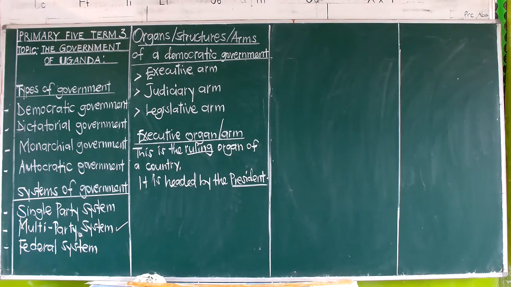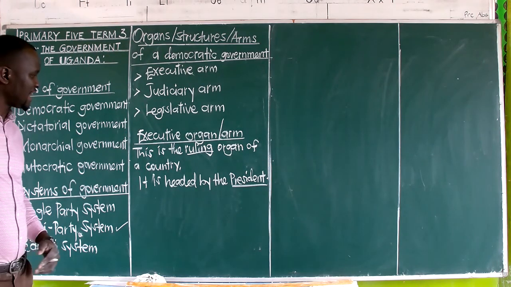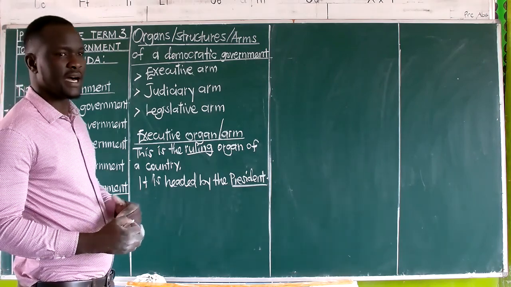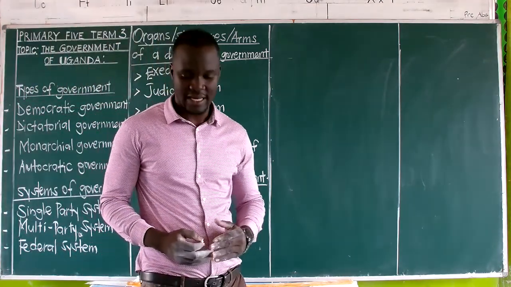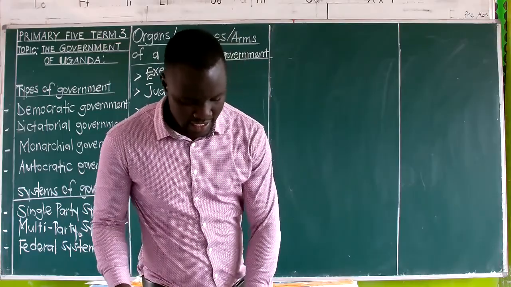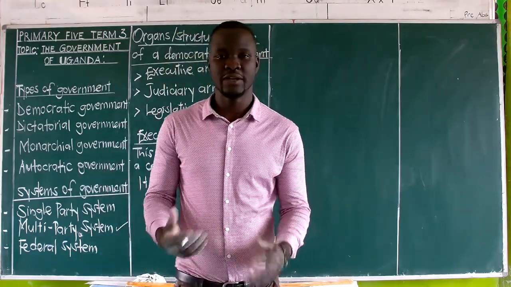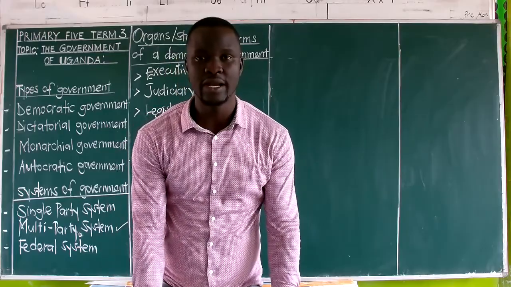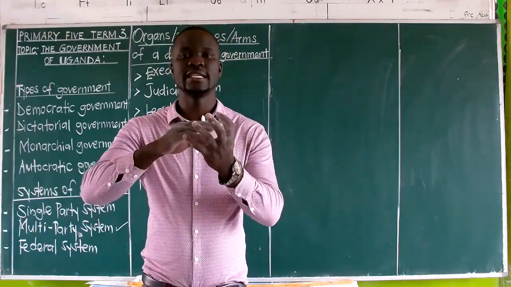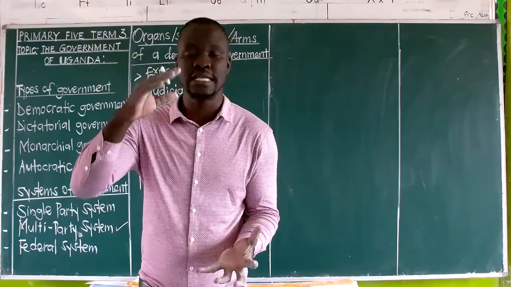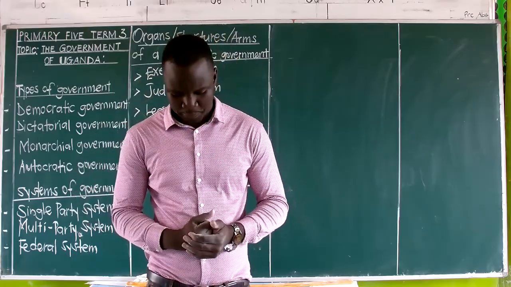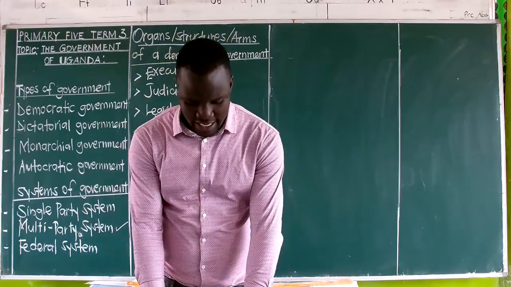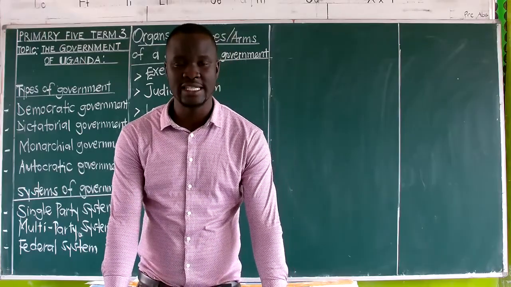Remember, the president rules, he is the final leader of a country. That's why you'll find that he is the person who makes the final decision in the country, or he is the one who is taken as the topmost leader in a country. So that is the arm of government that we call the executive arm.